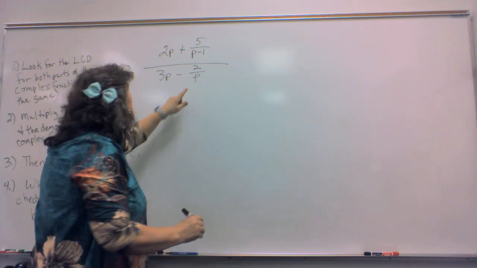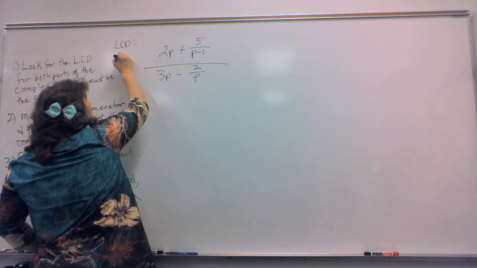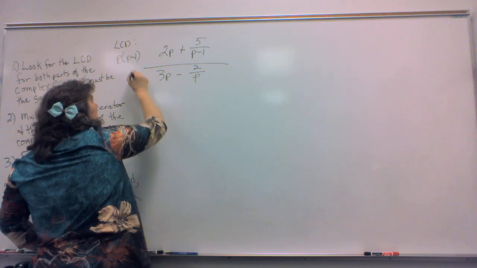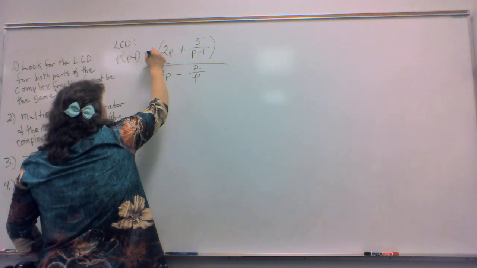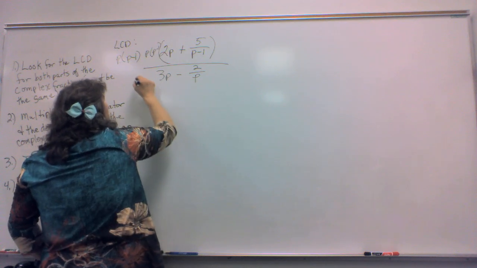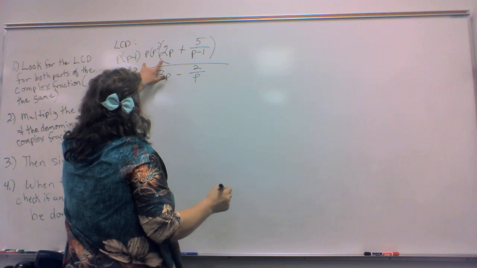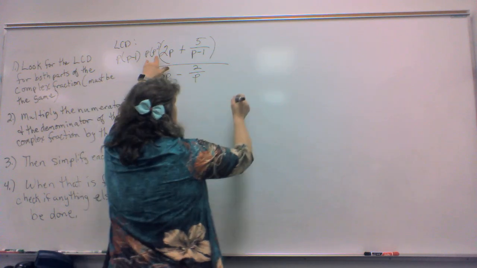So to get my lowest common denominator on this one, we're going to have p times p minus 1. So that is what we will multiply here. P times p minus 1 and p times p minus 1. So here I have 2p times p minus 1.